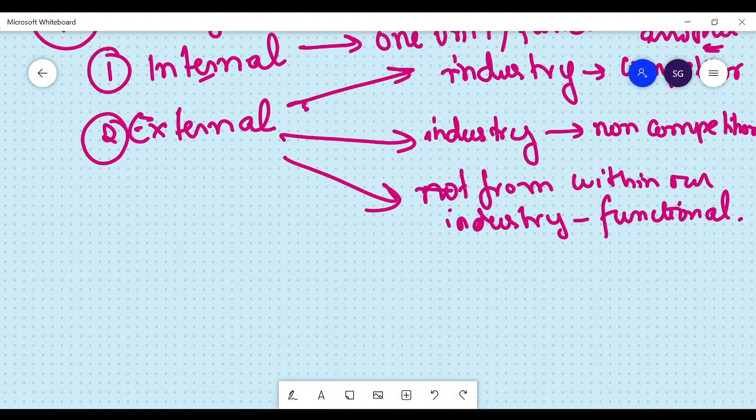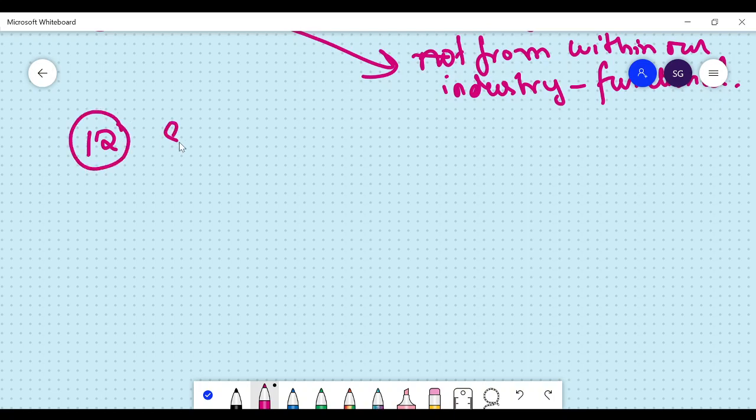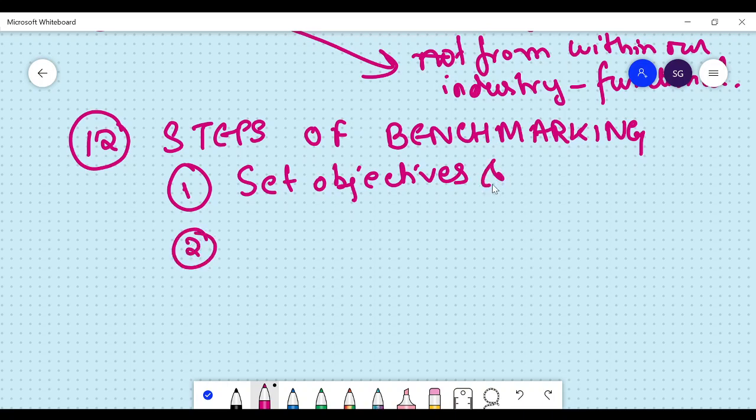The next point, the 12th point, is steps of benchmarking. There are total 7 steps. The first step is to set objectives and determine the areas to benchmark. So, setting objectives and areas.